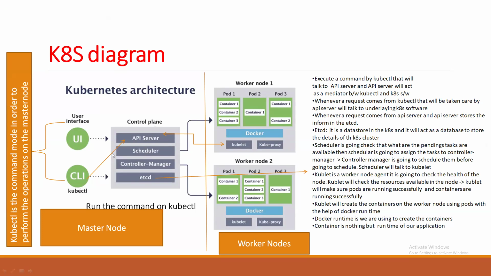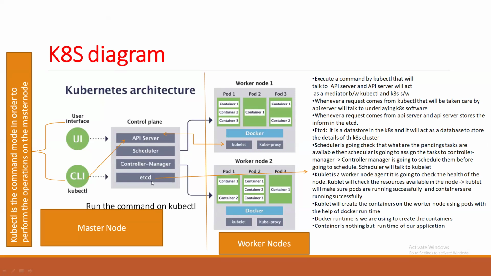Whenever a request comes from kubectl, it is taken care of by the API server, which talks to the underlying Kubernetes software. The API server stores the information, this file, in etcd. etcd is the database.